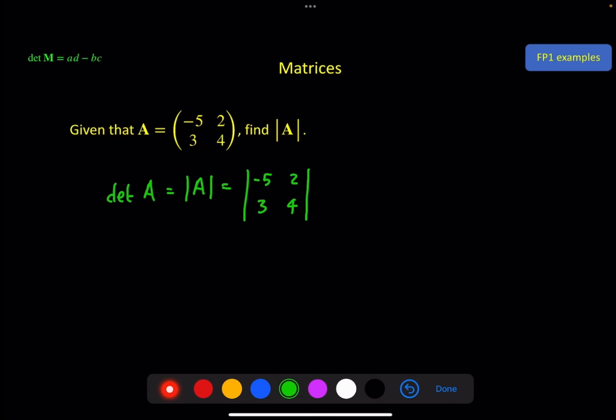All of these mean the same thing. They mean do this element times this element, minus 20, minus this element times this element, which is 6. So in this case, the determinant of A is minus 26. And without talking about the inverse, there's no clear reason why we should care about that.